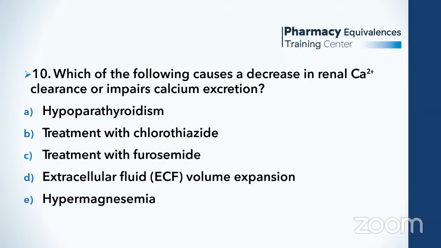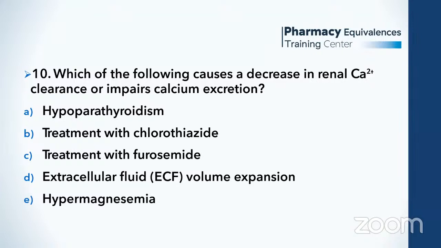Which of the following causes a decrease in renal calcium clearance? Okay, or impairs calcium excretion? Let us see the choices. Hypoparathyroidism, leading to what? Does this lead to decreasing calcium clearance?